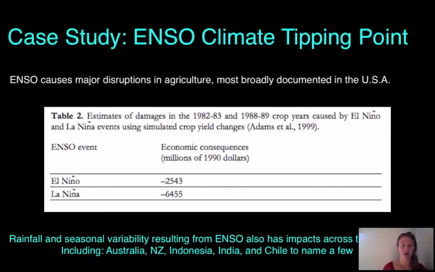Countries affected include Australia, New Zealand, India, Indonesia, and Chile. This will cause variations, for example in Australia, more regular bushfires, which will reduce wheat exports. In New Zealand, there will be more droughts and more floods. And the consequences of El Niño are systemic and have widespread problems.